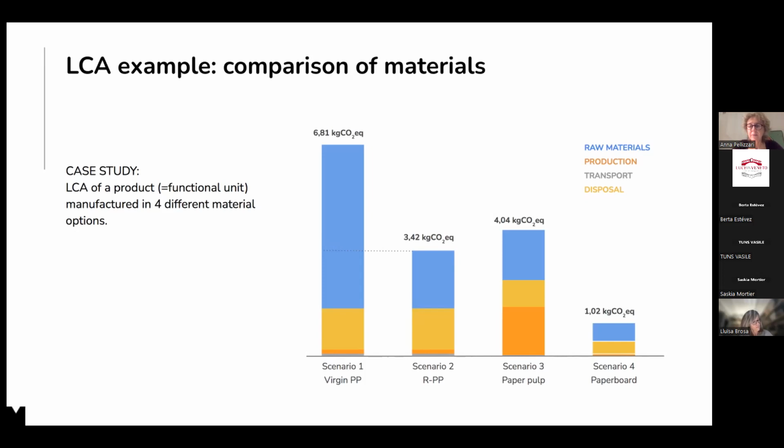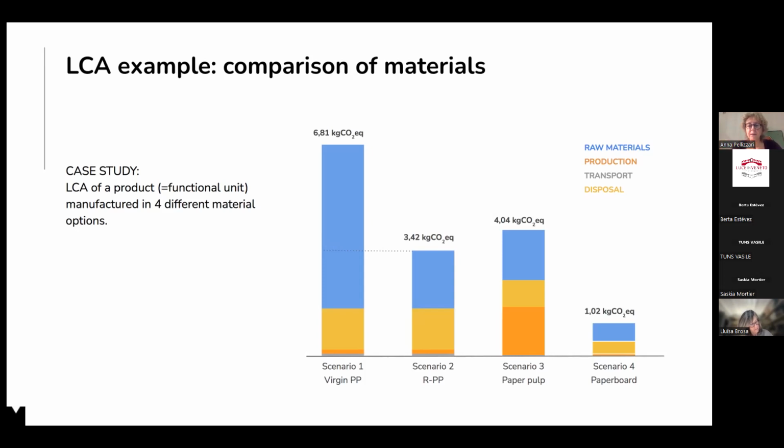Then we have disposal, which is also quite high, and then a very small amount in terms of production and transport. If we replace virgin polypropylene in the same object with recycled polypropylene, we would cut the impact of the object a lot.